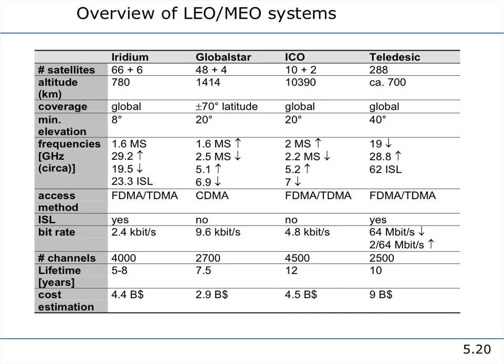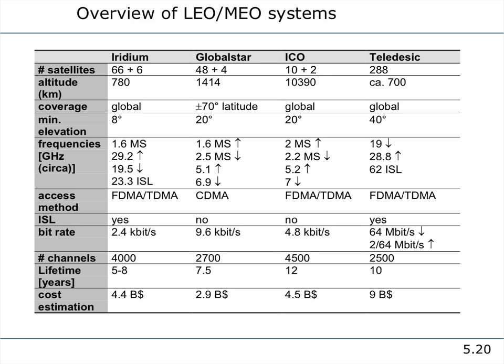Of course, as we said, here we have Iridium, Globalstar and Teledesic. All of them are LEO. And ICO is MEO. So as you can imagine, the numbers here are relatively higher, and here it is low because the footprint is larger.